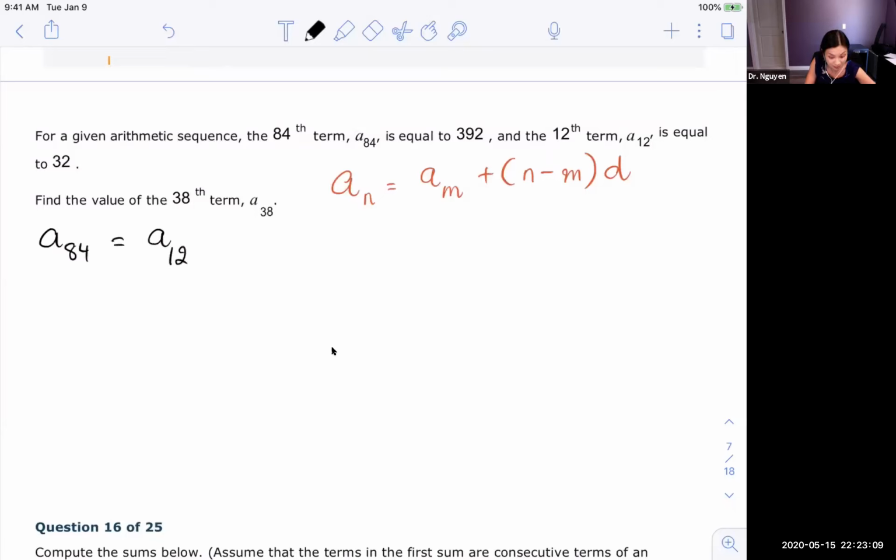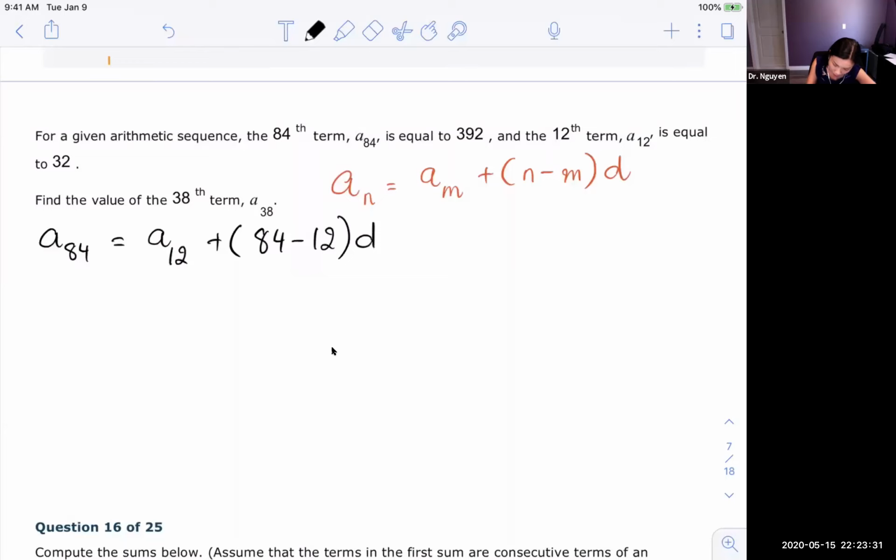Okay, so you can see right there, a_84 equals a_12 plus, what do we have? n minus m. So in this case, n is 84 and m is 12. We don't have d, so you have to solve for d.